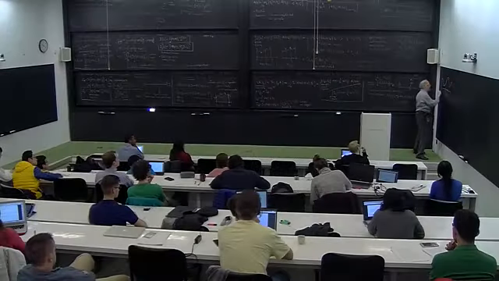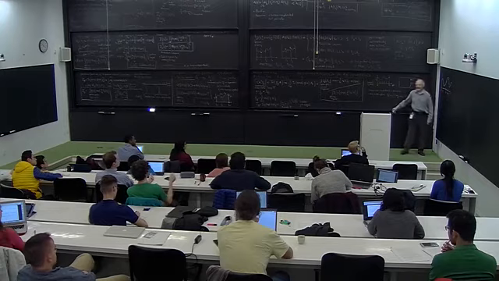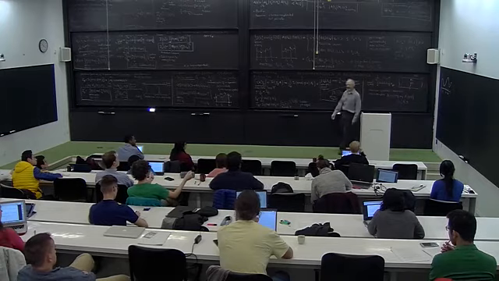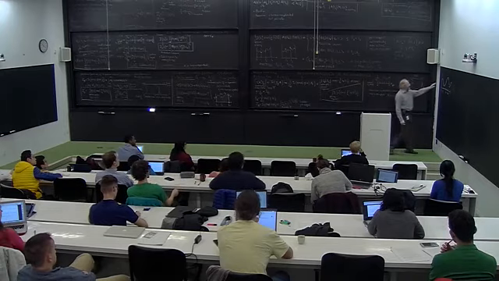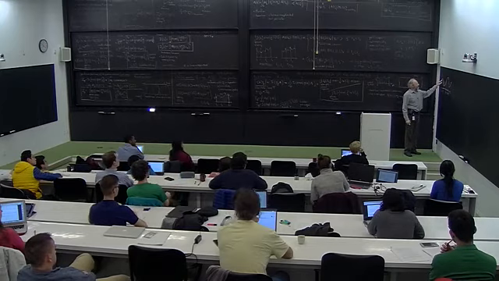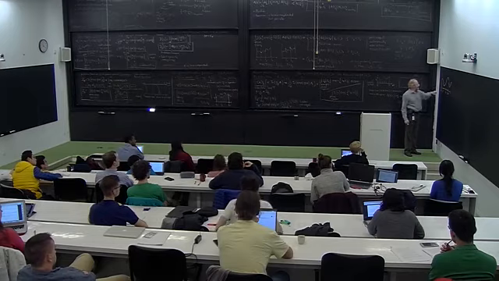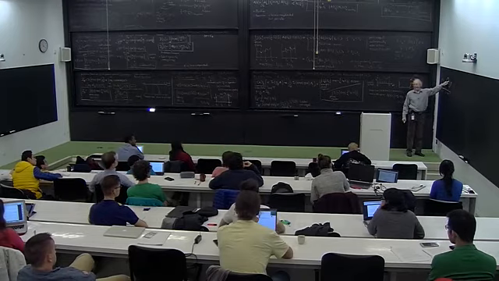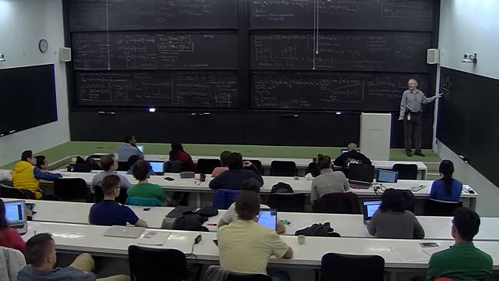Integrating over all possible periodic functions between 0 and tau is the same as integrating over all periodic functions between sigma and sigma plus tau.